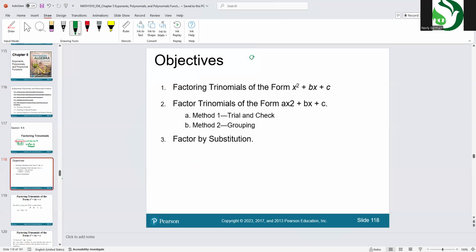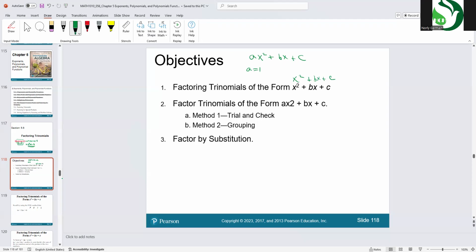Usually a trinomial is in the form ax squared plus bx plus c. But when a is equal to 1, we have only x squared left, plus bx plus c.